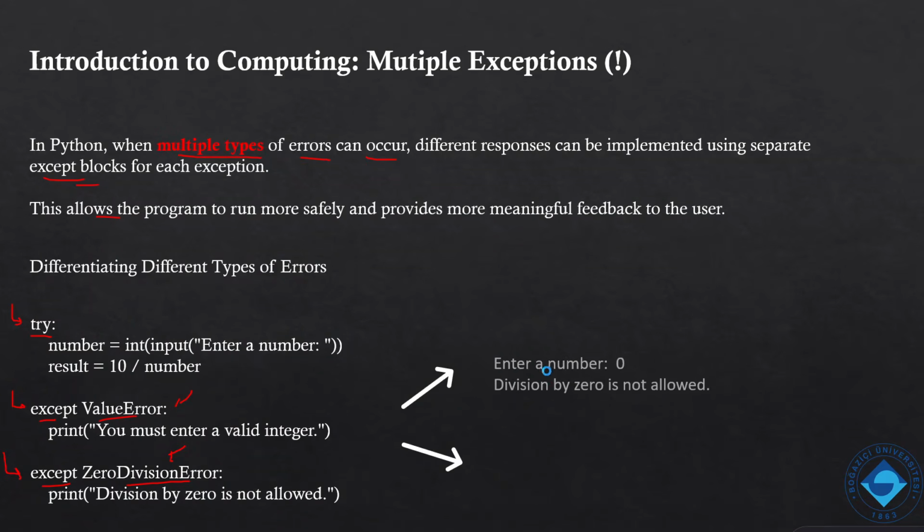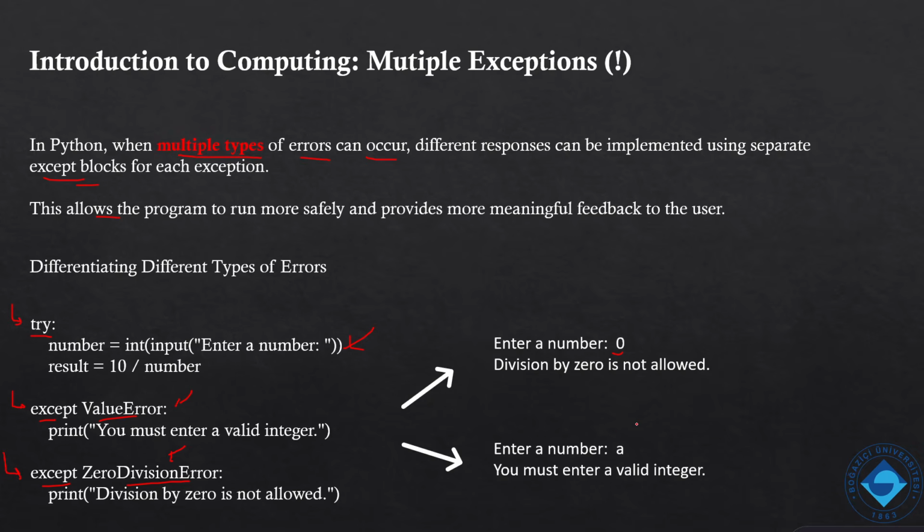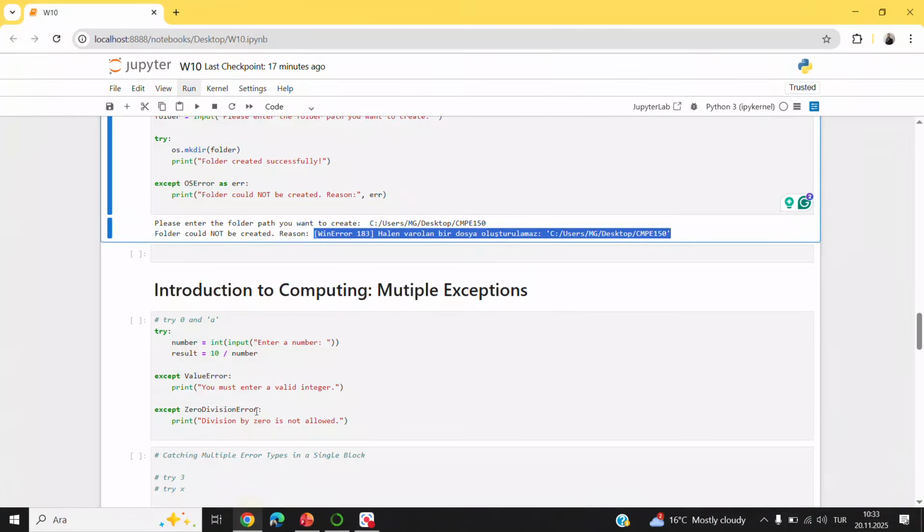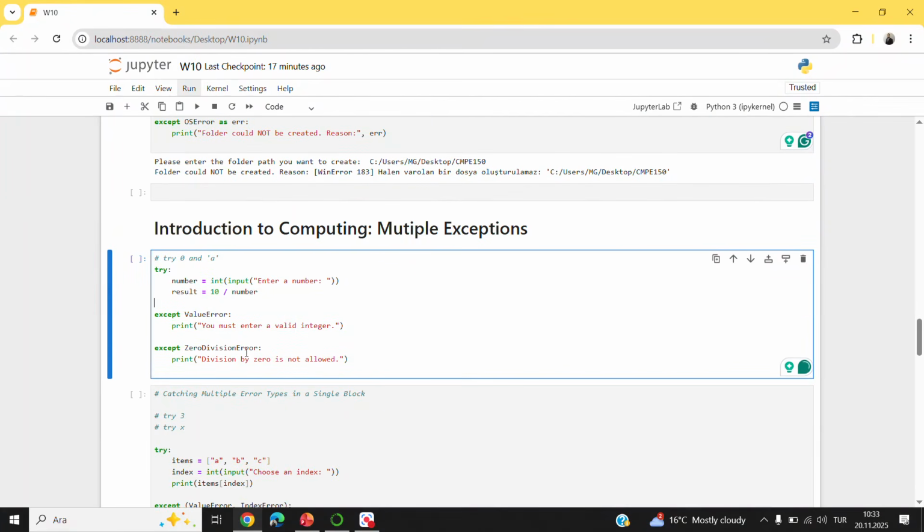Okay, if we put 0 here, it will return "division by 0 is not allowed". And if I put a string which can't be converted to an integer, it will throw this error: "You must enter a valid integer." Let's see. Same example.